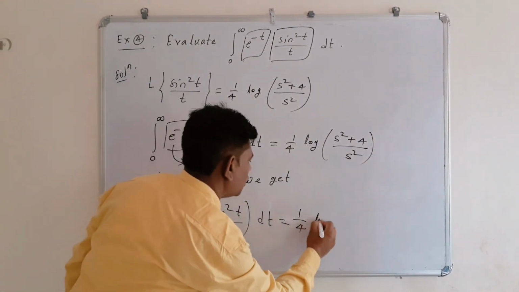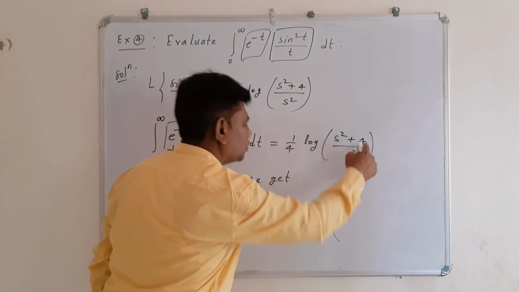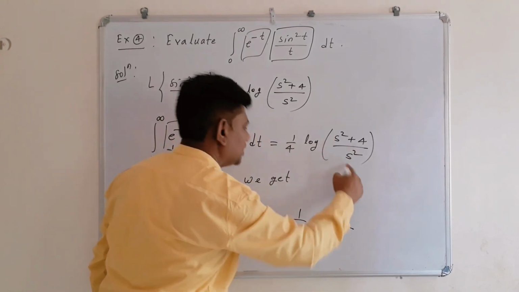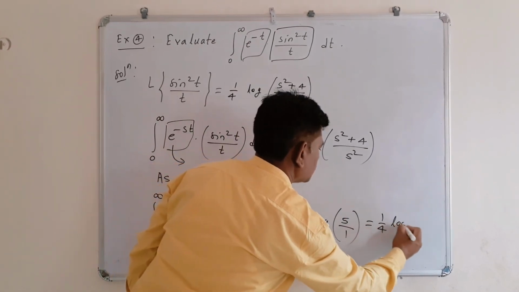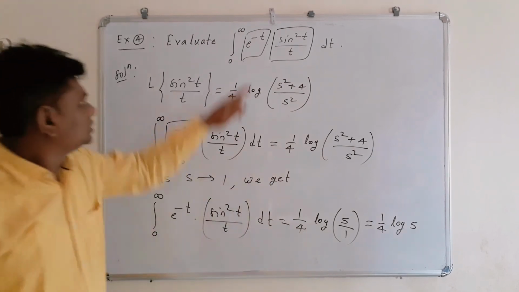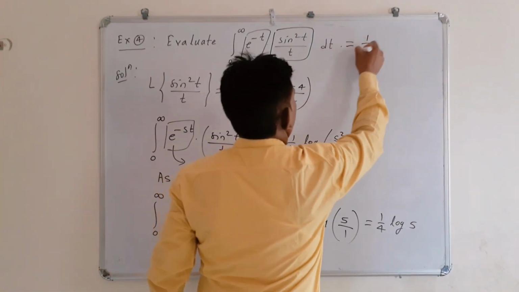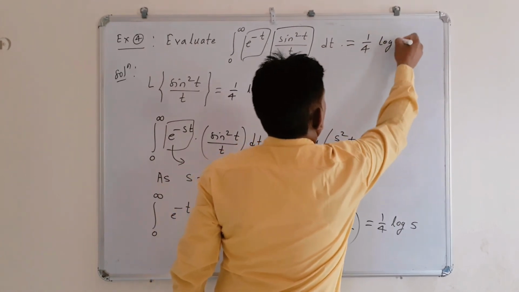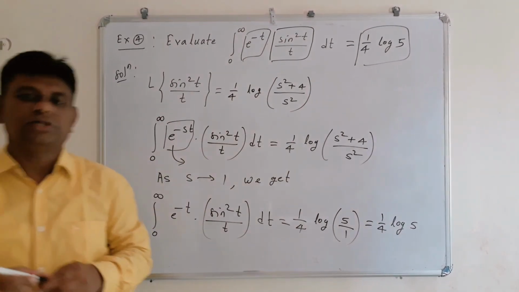The answer is log of (1 square, which is 1, plus 4, which is 5) upon 1 square, which is 1. So this is equal to 1 by 4 log 5. Therefore, this given integral is equal to 1 by 4 log 5. This is the answer of the given integration.